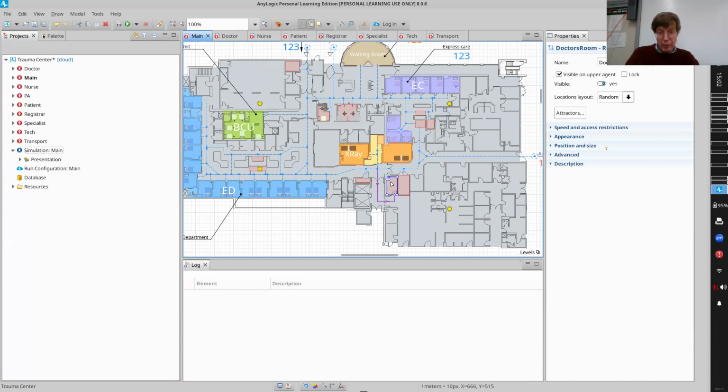For example, a doctor's room or a nurse's room, where doctors and nurses can go put their personal effects, rest between shifts, take a nap if necessary, etc. And similarly, certain resources live at defined places, right? Like X-ray machines, which are immobile, or CAT scanners, which are immobile.